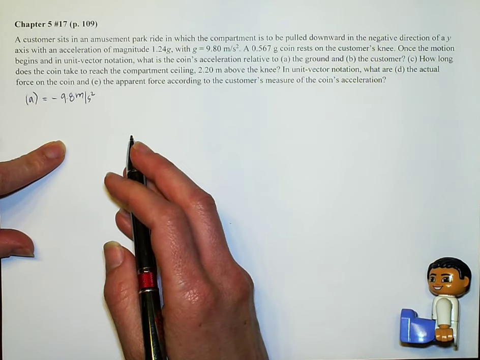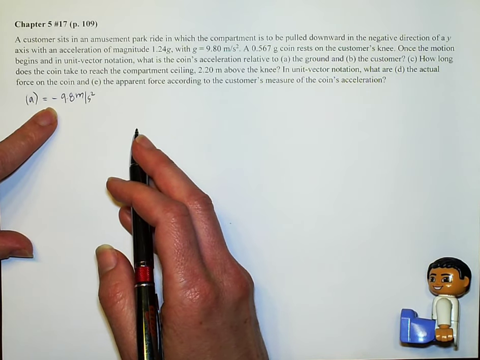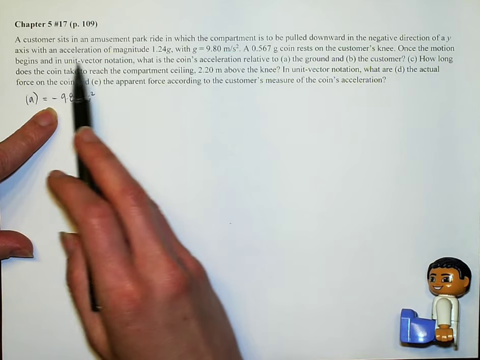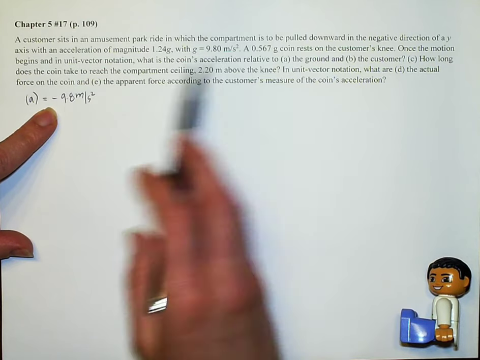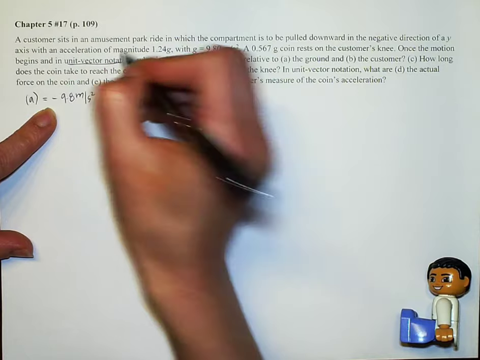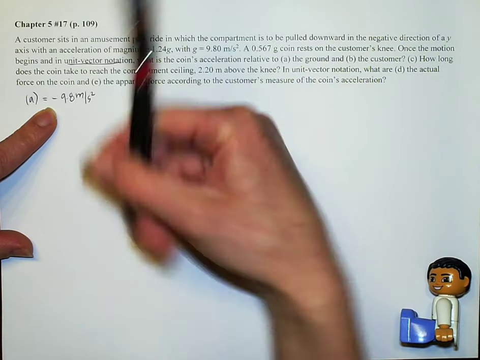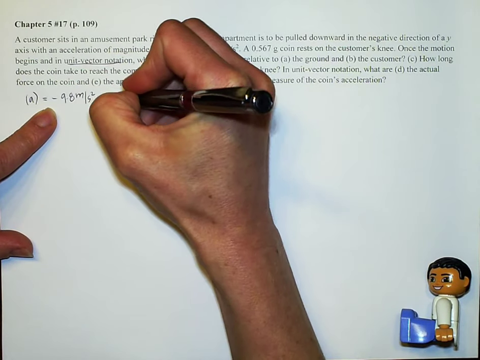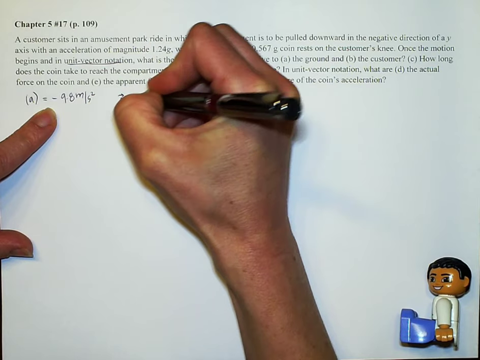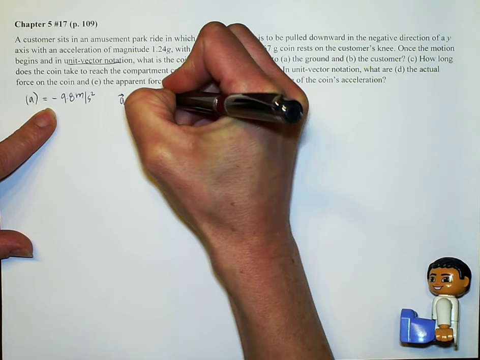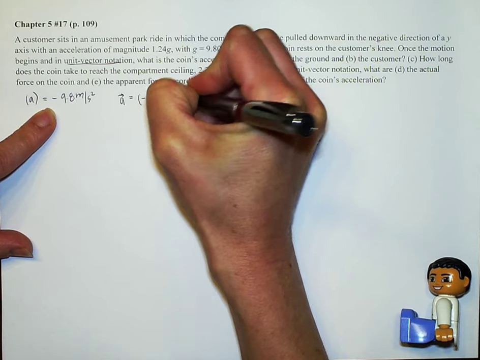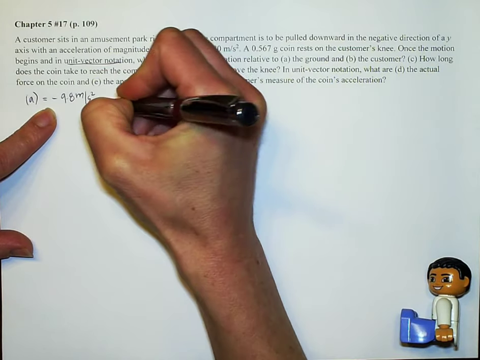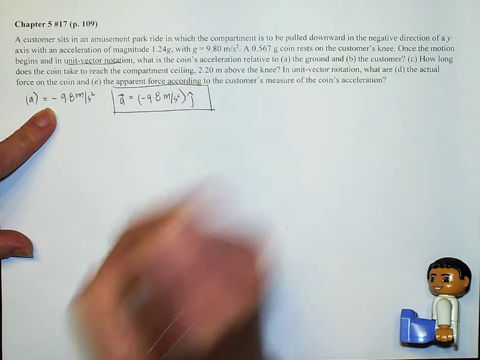But I do believe that we are supposed to answer this in unit vector notation. Yep, unit vector notation. And so that is in the j direction. So I would say my acceleration equals negative 9.8 meters per second squared j hat. So we are done with part A.